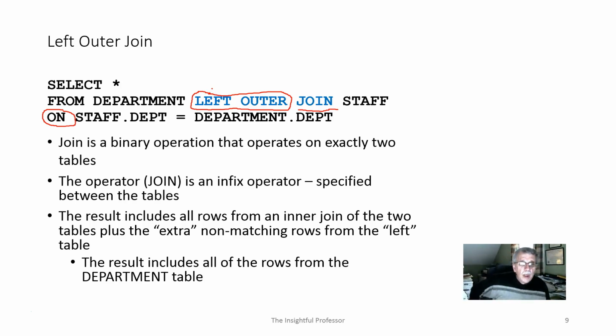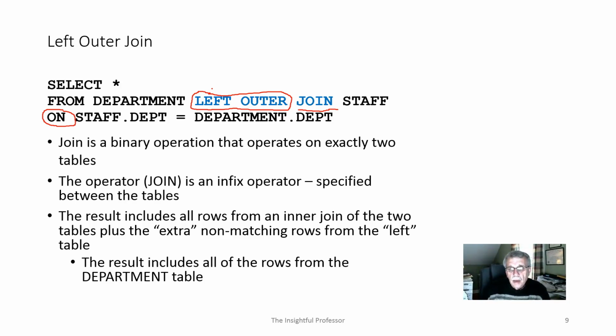What happens is, when we talk about the joins, the join is a binary operation. It's just like looking at an arithmetic expression where I say take a number such as 7 and add to it a number of 3. So it's 7 plus 3. Or take 7 and multiply it by 3. 7 times 3.